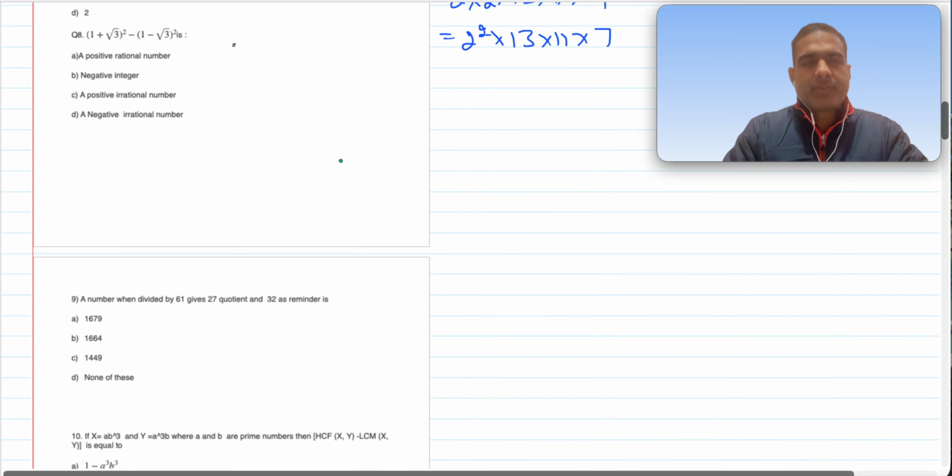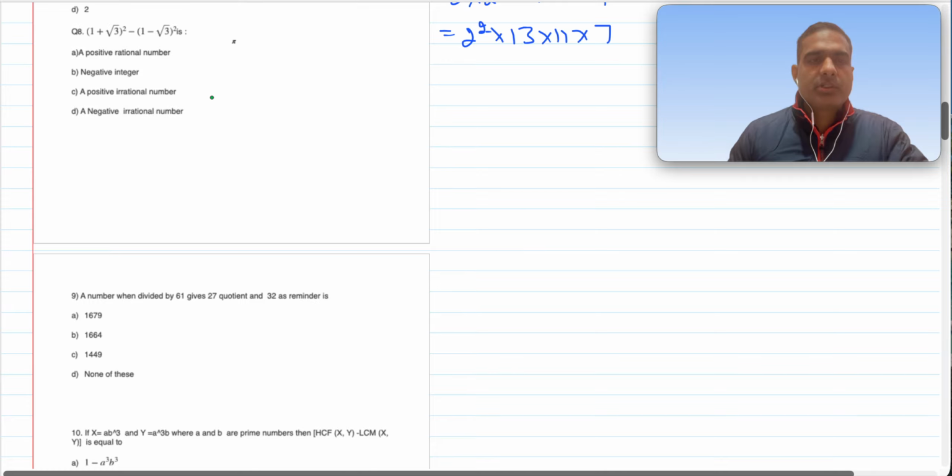Okay. Now moving to the next question, that is question number 8. It is asking just to simplify this, and after simplification we have to tell whether it will be a positive rational number, negative integer or what. So it is a plus b whole square minus a minus b whole square.